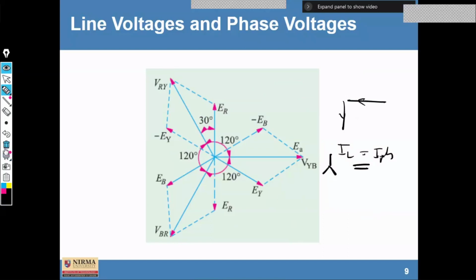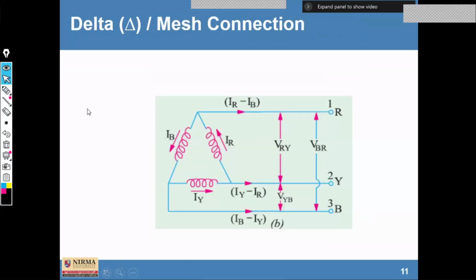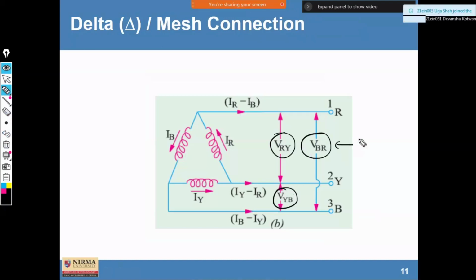Okay. Similarly, we can have a delta connection, and for delta connection also, we can identify the equation between line voltage and phase voltage. For star, we know that. Now for delta, we know that VRY, VBR and VYB are line voltages, clear.